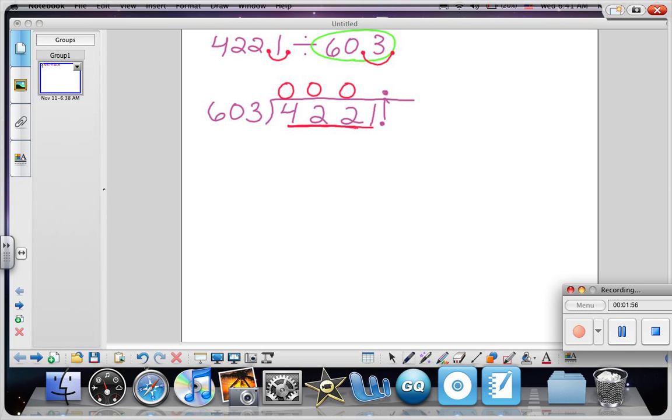Okay, so let's try out a few numbers here. Let's try 603. I'm just going to take a middle number here and go 5. That's 3,015. I could probably still go up a little higher, so I'm going to try 603 times 6.